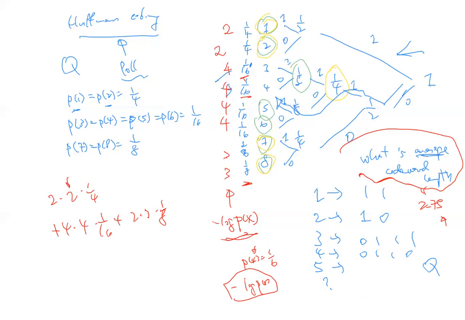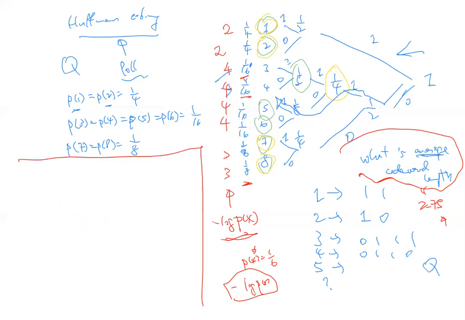Let me repeat the last statement I just said. Let's say the probability of some outcome is not exactly a power of 2, let's say it's 1/6 or something.